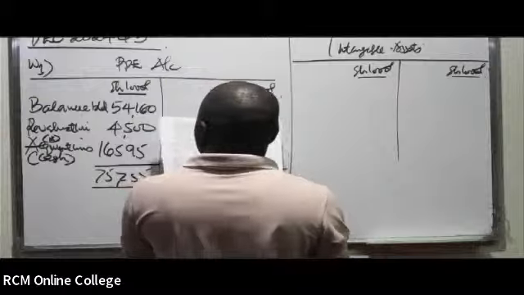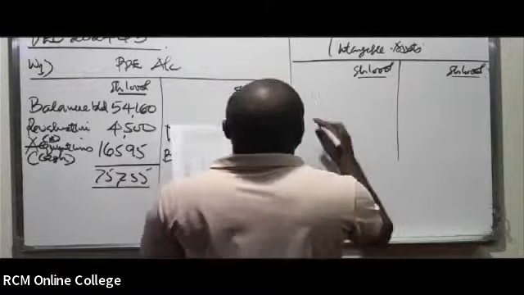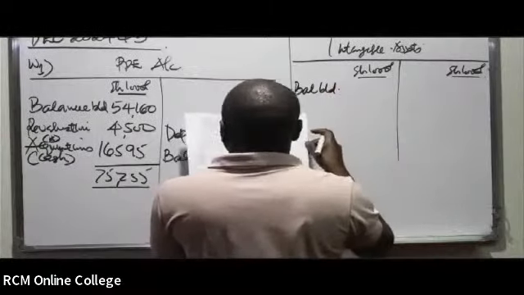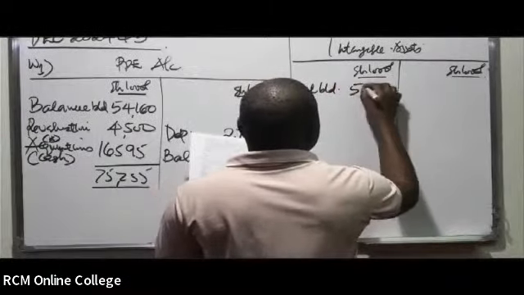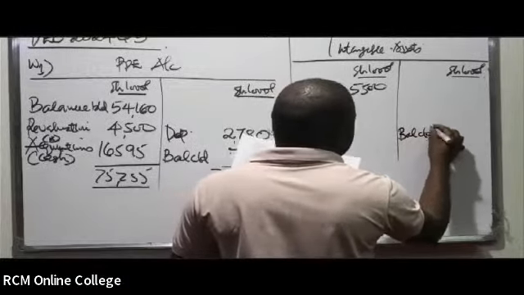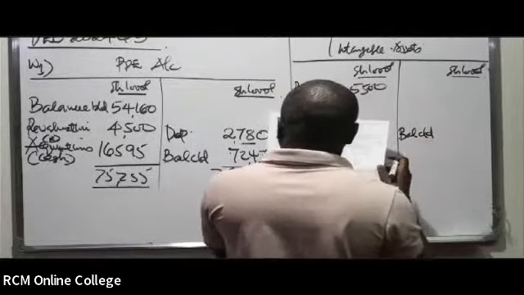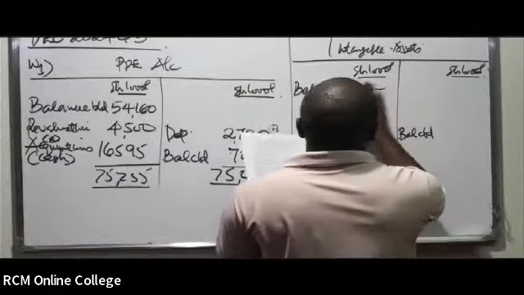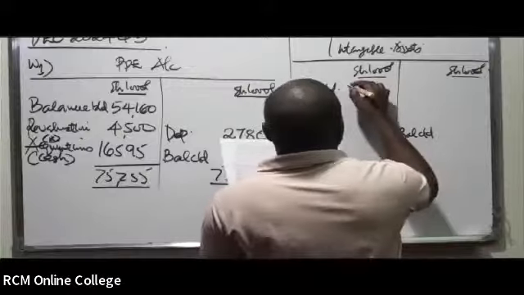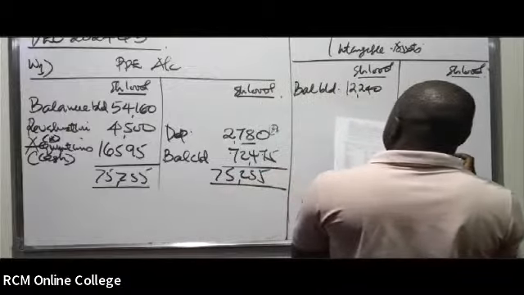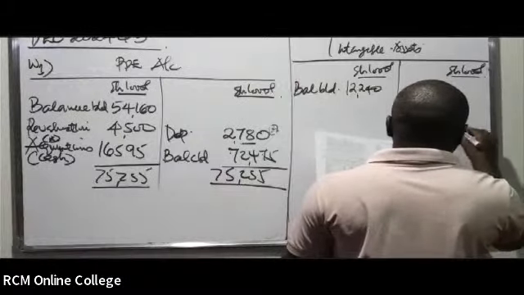You've been given an opening balance, a balance brought down of 5,500, and then a balance carried down of 12,240, and this one is 15,700.